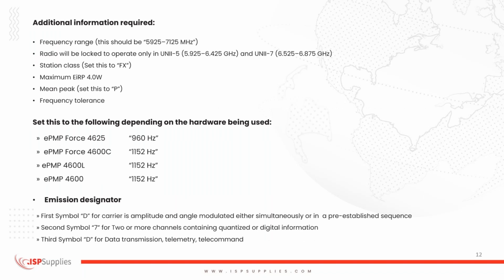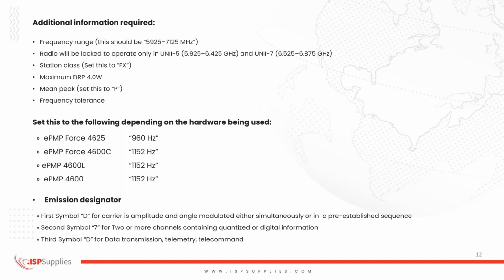Of course, the frequency is going to be 5925 to 7125 megahertz. That it will be locked to the U-NII-5 and U-NII-7 bands. The station class, you always set that to FX. The maximum EIRP is set for 4 watts. This is for the Cambium equipment. If you look at the FCC certification of your equipment, it'll tell you what the maximum EIRP is, but more than likely it's about the same 4 watts.